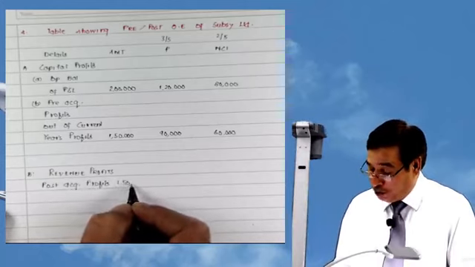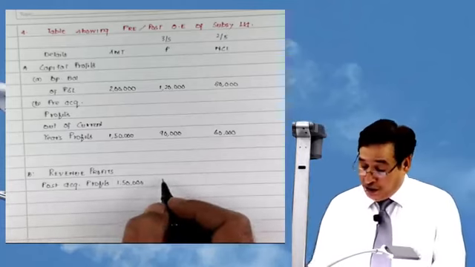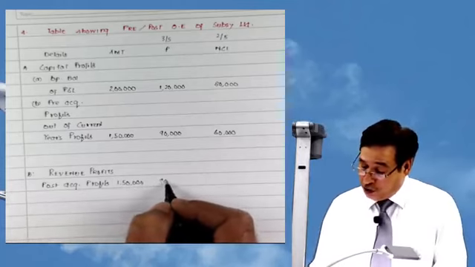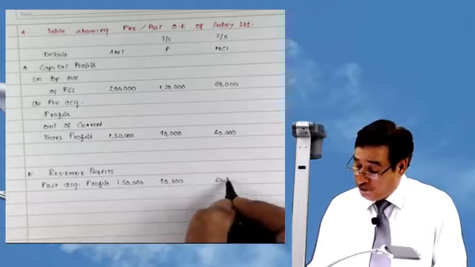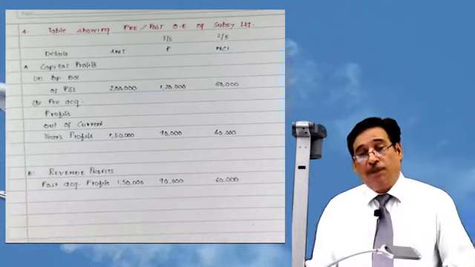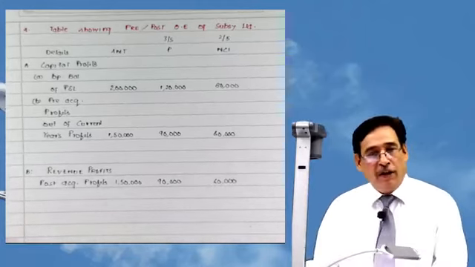So we are going to put up here 150. Okay? Then out of that 90,000 will obviously be mine share and yours will be 60,000. That's all. Same information you have put up in a neat manner, in a tidy manner.